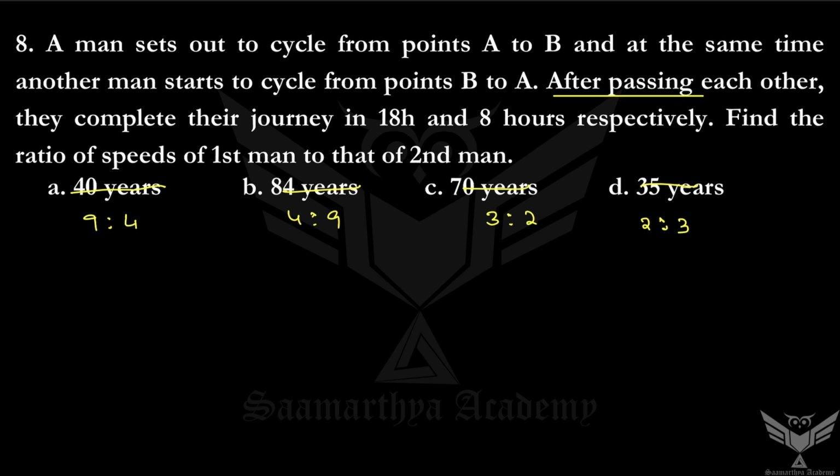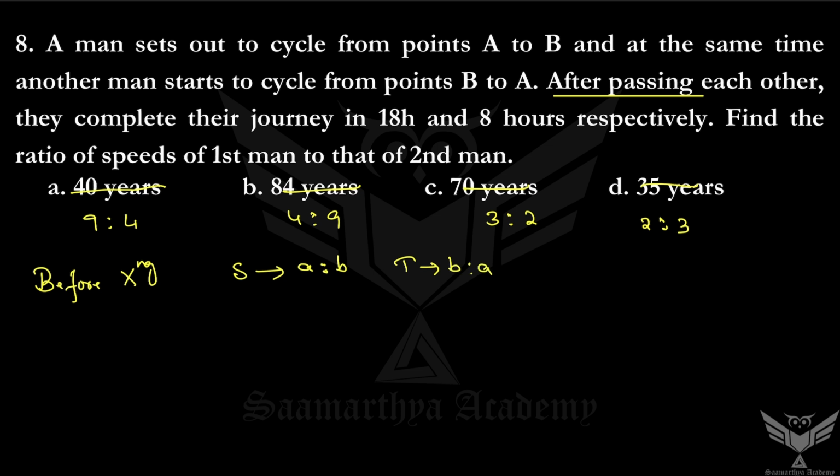Be very, very careful. Now, the concept related to this specific question in time, speed, and distance is: before crossing each other, if speeds are in the ratio A is to B, then time taken will be in the ratio B is to A because they are inversely proportional.